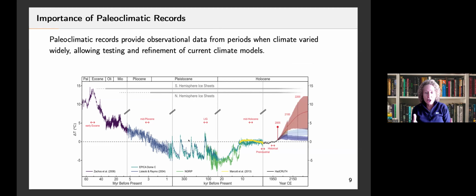It's changes in temperature since about 6 million years before the present, going all the way to the Holocene, and then to the time that we have the observations, or what we call the historical period.